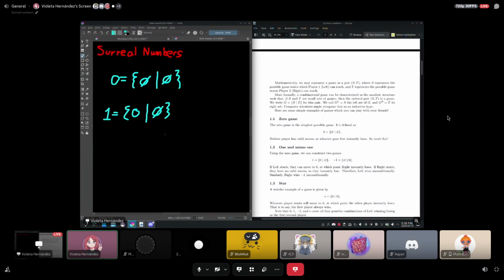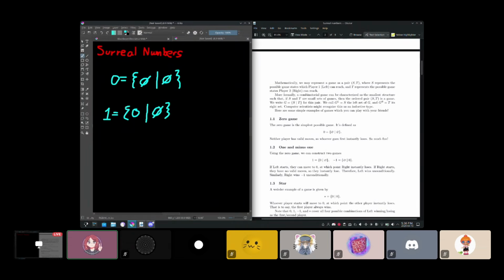And here's where I do have to emphasize that left and right are kind of like saying black and white. Well, no, it's not exactly like that. What I'm trying to say is that left and right is not the same thing as first player and second player. You can have a game where right starts as the first player, or you can have a game where right starts as the second player.